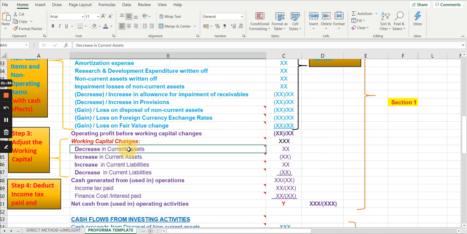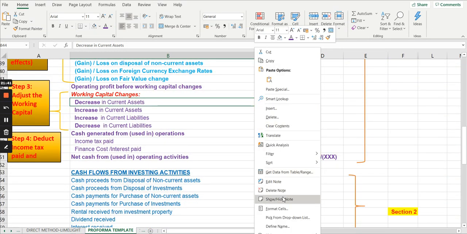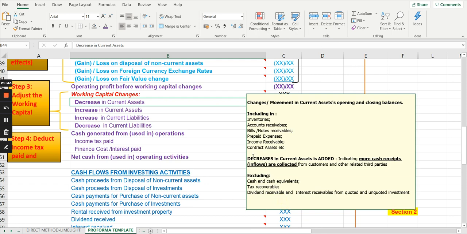Okay, let's look at the explanation here. I will show the note for you. For example, if you talk about a decrease in current asset, let's go into the example of what current assets you should have included here. These are items like inventories, which are under your current asset section in your statement of financial position, or balance sheet.